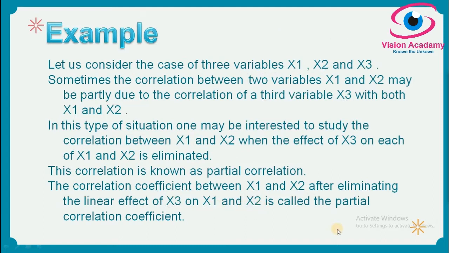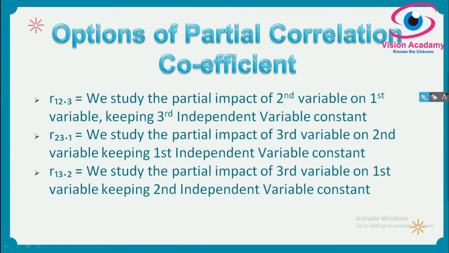Let us see the possibilities in case of partial correlation. As we studied in multiple correlation, where we had three possibilities, here too we have three possibilities, since we study more than two variables. Let us imagine 1, 2, 3. A possible combination is that we take the first two together and keep the third variable outside.